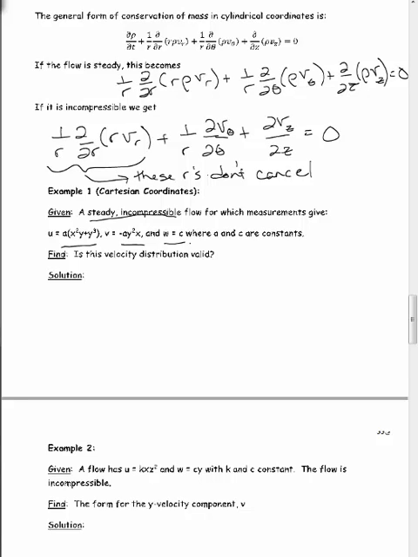Is this valid? By valid, what we mean is, does it satisfy conservation of mass? It has to, or else something's all wrong. So does continuity work? That's what we're going to do. Check if it satisfies continuity.